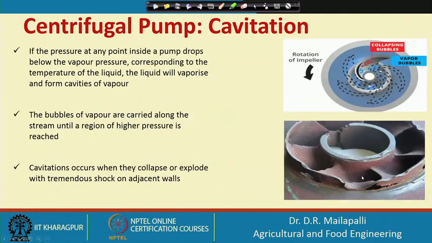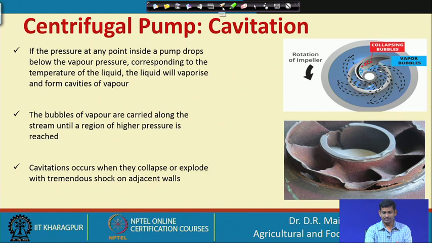Before going to the pump characteristic curves, there is a concept called cavitation. This is a common problem in centrifugal pumps, because cavitation indicates the formation of cavities inside the impeller. So how is this going to form inside the impeller?